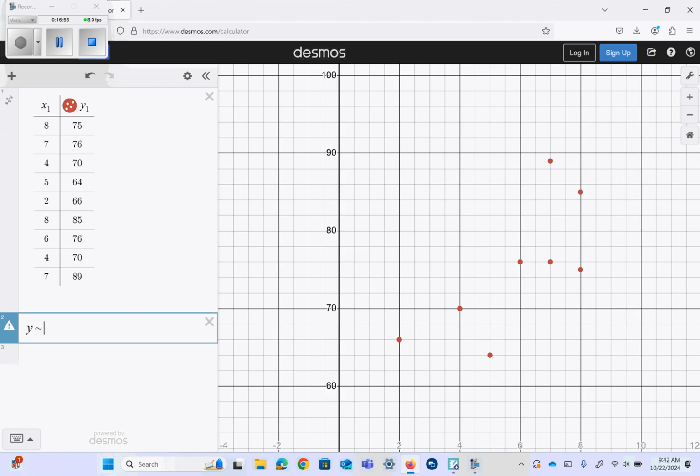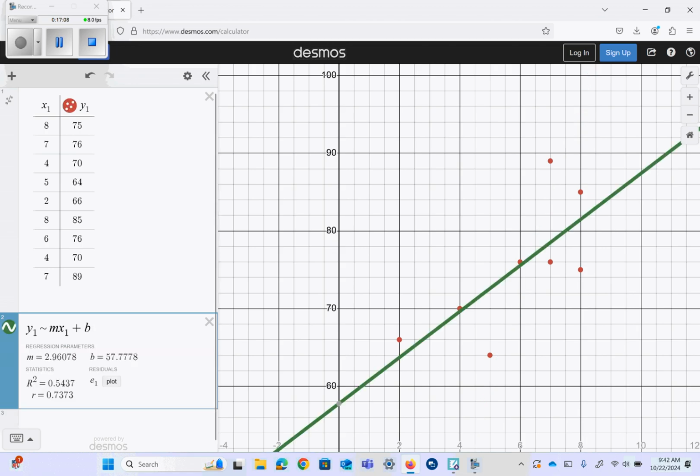That little tilde tells Desmos we need to do this. I have to make it y1. So y1 tilde mx1 plus b. And then all of a sudden, it performs this and gives the r squared value, and then the r value.